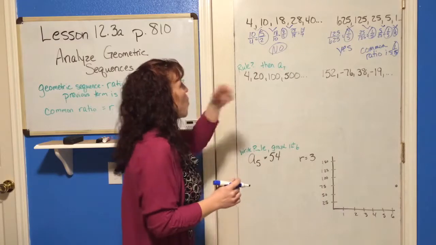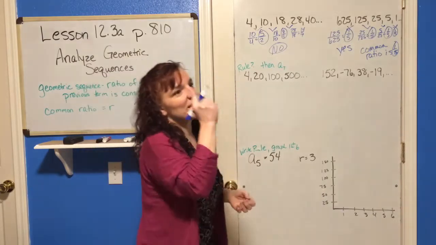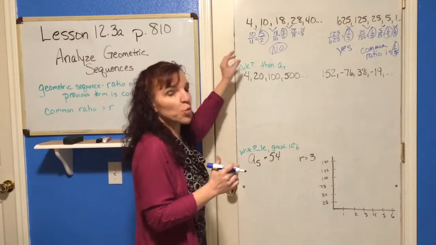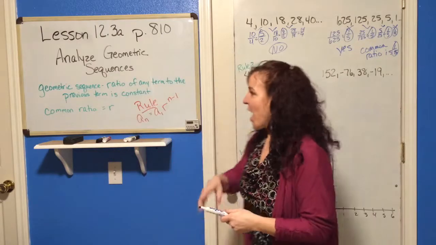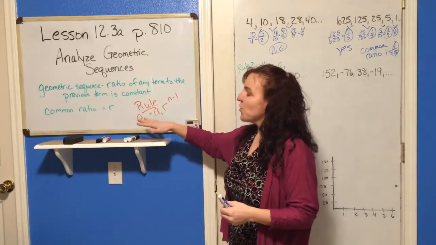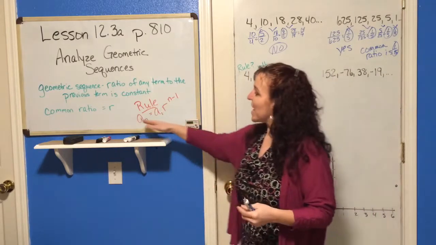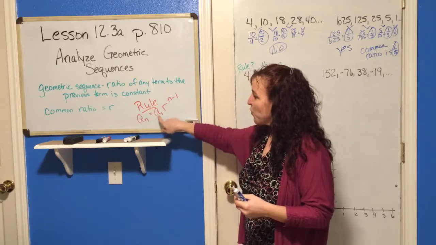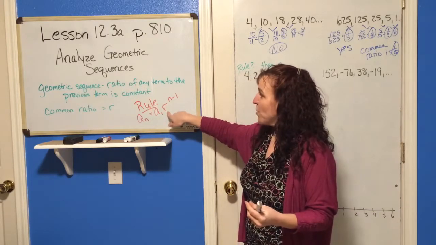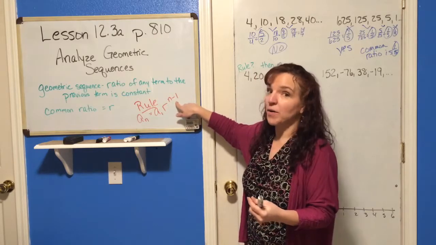All right, so once you've determined, yes, this is a geometric sequence, then you're going to need to determine the rule. And I have a handy-dandy formula for the rule. The rule, if you've got a geometric sequence, is a sub n equals the first term times your common ratio to the n minus 1 power.